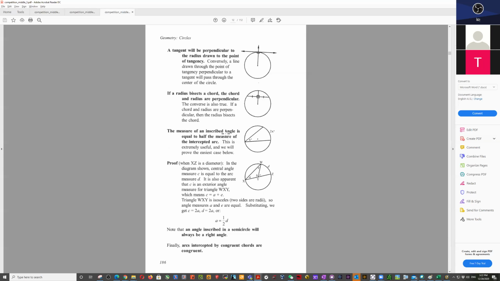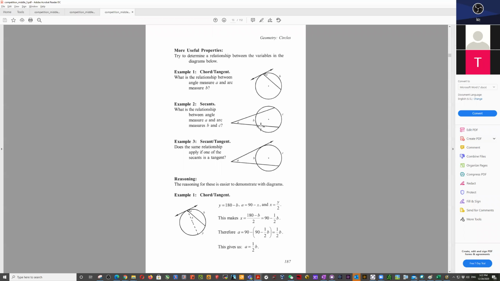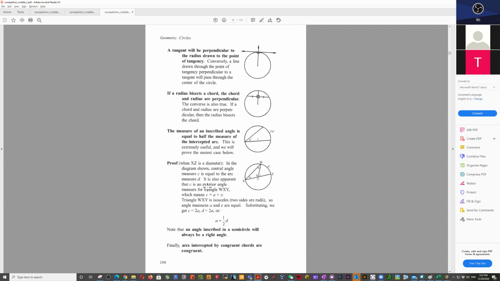Then here, the measure of an inscribed angle is equal to half the measure of the intercepted arc. The intercepted arc has a center angle. Yeah, this is the proof.